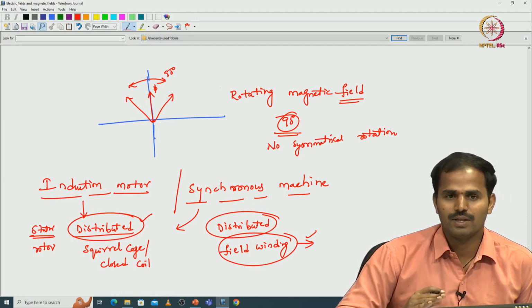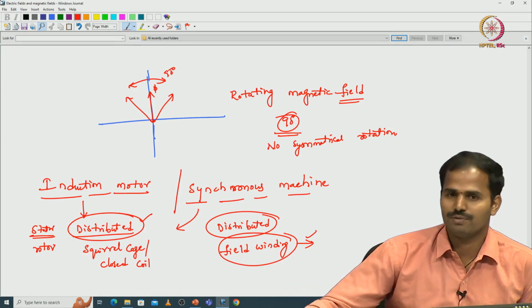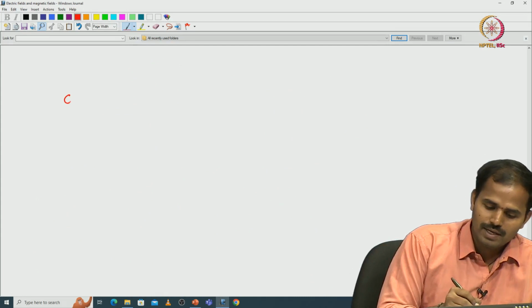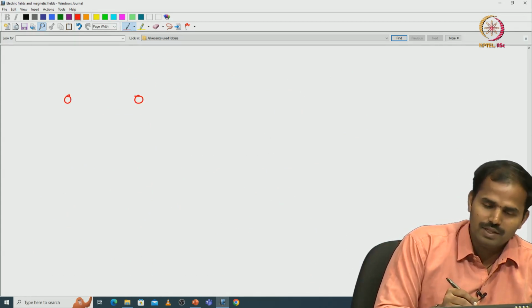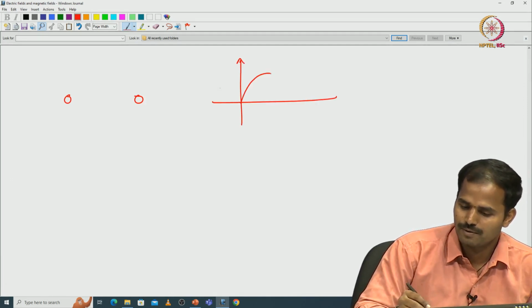The analysis for the induction motor and synchronous motor stator side is the same if we are giving the AC currents. Okay. Consider a single conductor. We are giving the AC supply, the current will be in this manner.